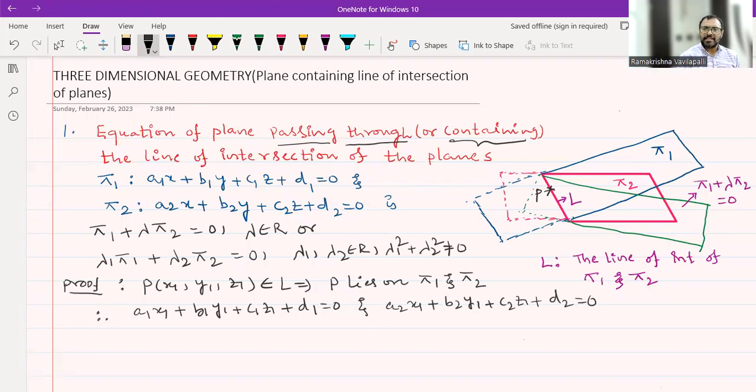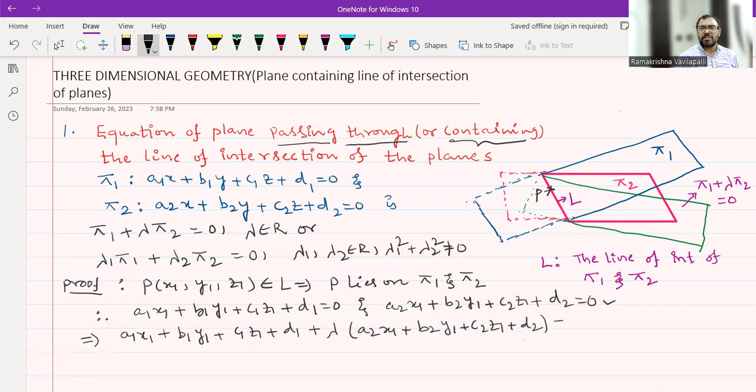Now multiply the second relation by some lambda and add it to the first equation. This implies a1x1 plus b1y1 plus c1z1 plus d1, plus lambda into (a2x1 plus b2y1 plus c2z1 plus d2) equal to 0.